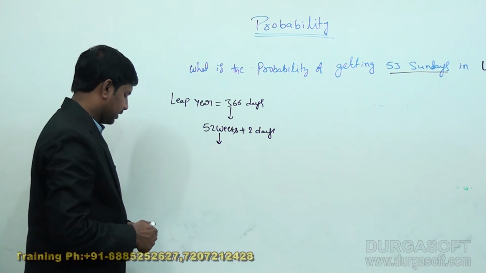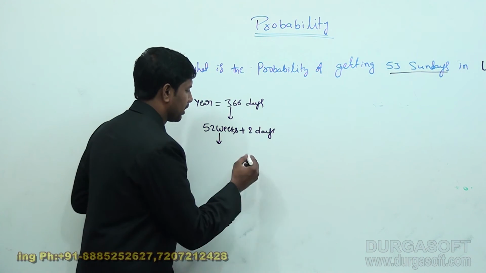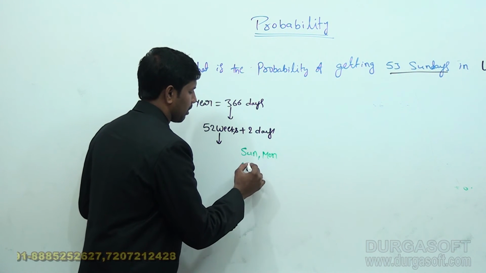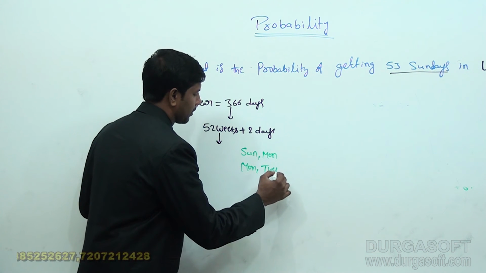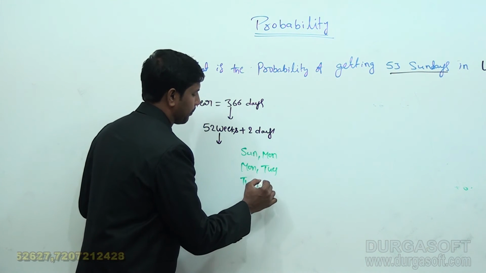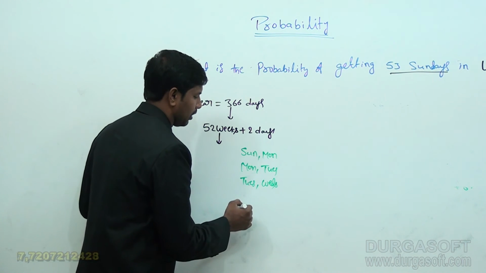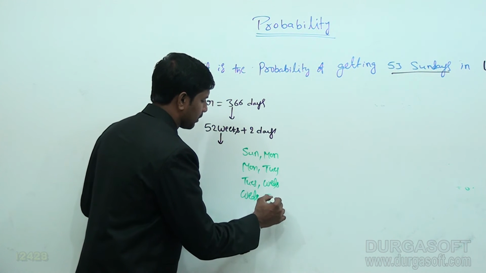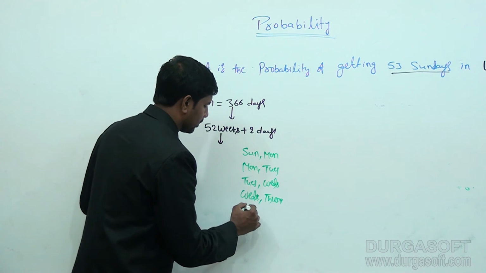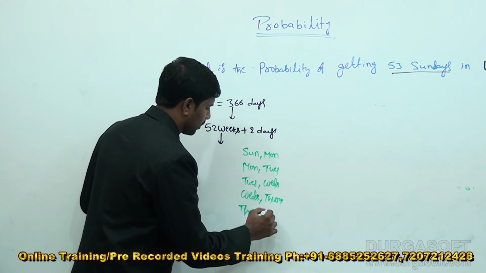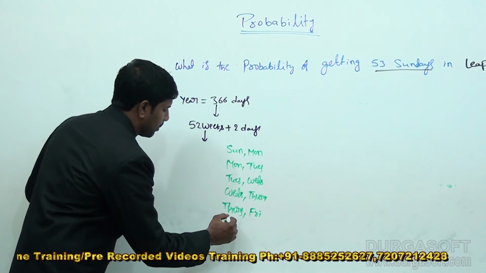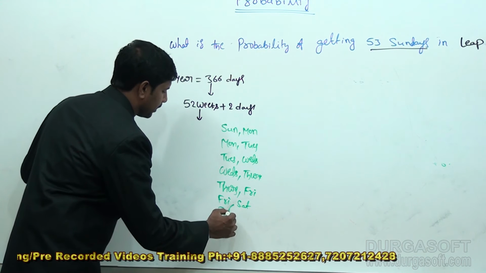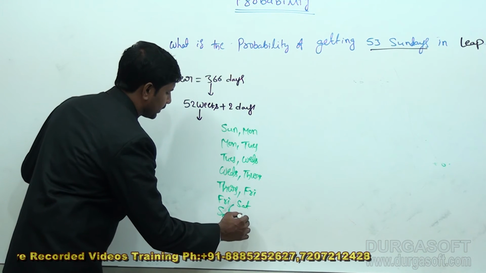Now these 2 days may be Sunday, Monday, or Monday, Tuesday, or Tuesday, Wednesday, or Wednesday, Thursday, or Thursday, Friday, or Friday, Saturday, and even Saturday and Sunday.